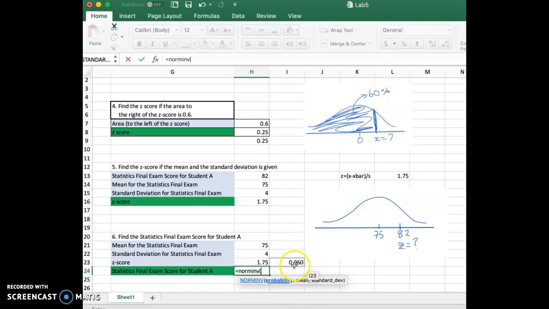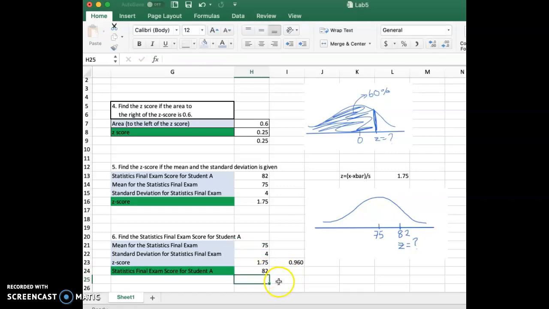First of all, probability. Let's highlight 0.96, which we calculated, comma, the mean, not 0, comma, and standard deviation 4. When you do this, you will be able to find the student score. So again, we are going to use equal NORM.INV, probability, comma, mean, comma, standard deviation.